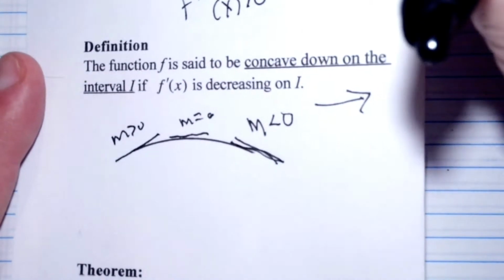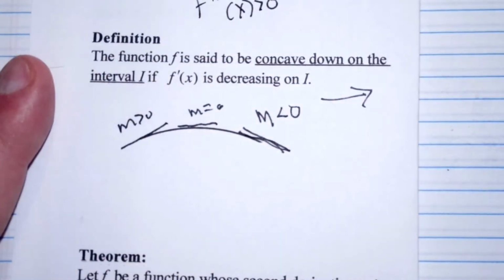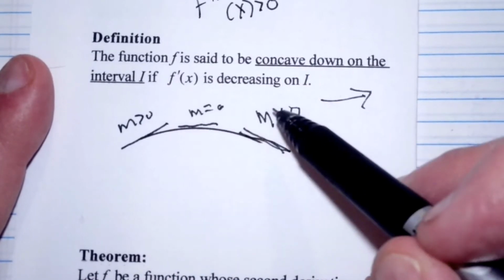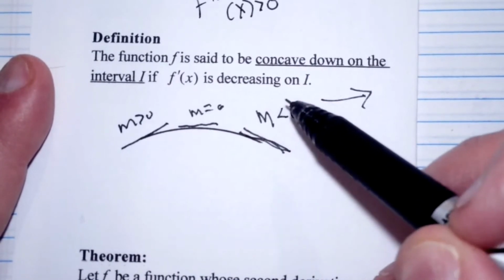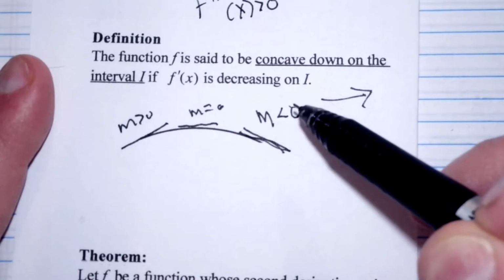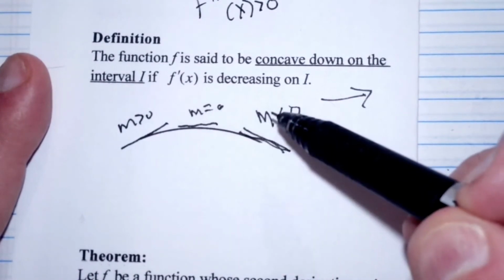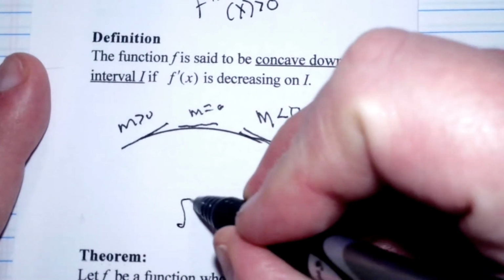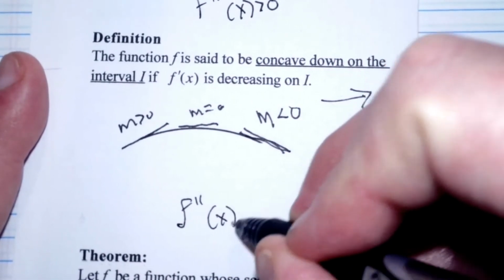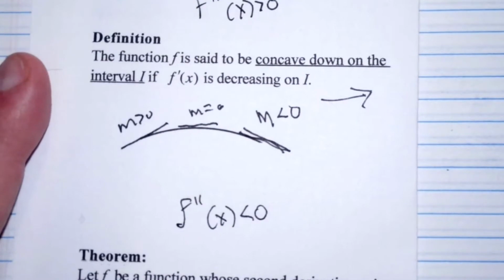And in the event that we have a function that is concave down on an interval, that means f prime is decreasing. Well, remember, if a function is decreasing, that means that its derivative is negative. So f prime's derivative must be negative. In other words, f double prime of x must be negative on that interval.